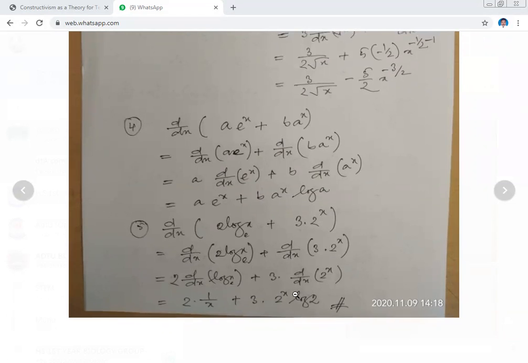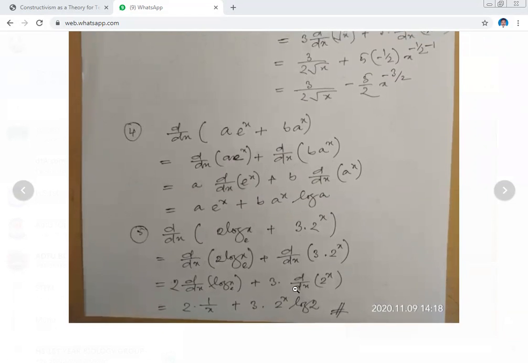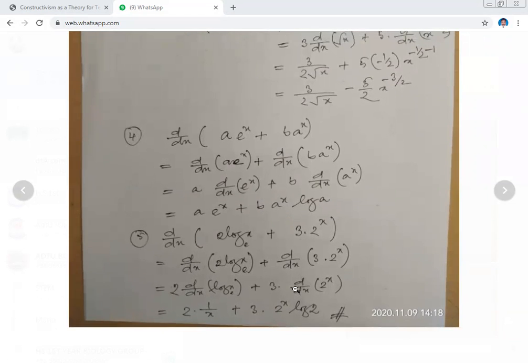So mainly we are familiar with these two properties. That is, when a constant is multiplied, we can write the constant outside the operator. And secondly, if two or more functions are there in addition or subtraction form, then to differentiate the function, we have to move term-wise or function-wise.